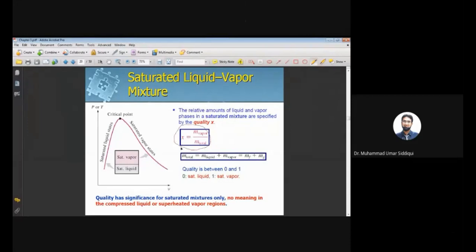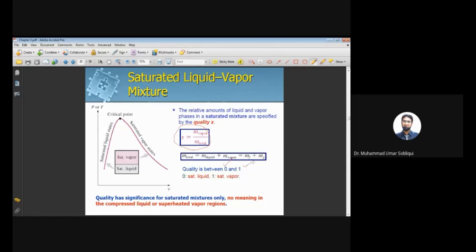Okay, so if there is no vapor at all, meaning it is saturated liquid, then the quality will be 0. And if everything has been converted into vapor and there is no liquid at all, then the quality will be 1. So quality is going to vary between 0 and 1.